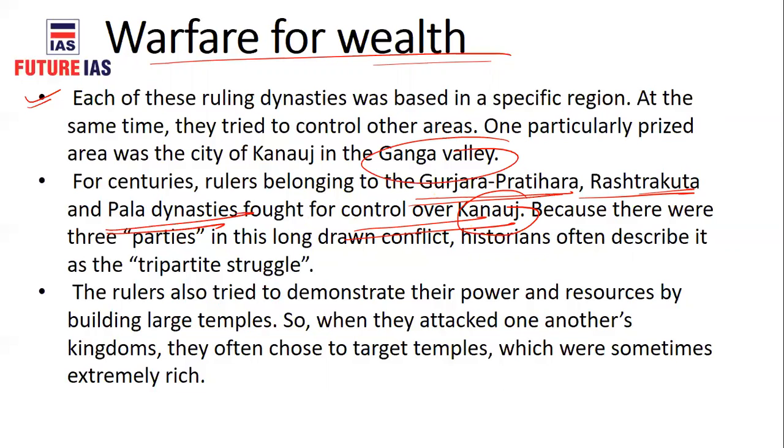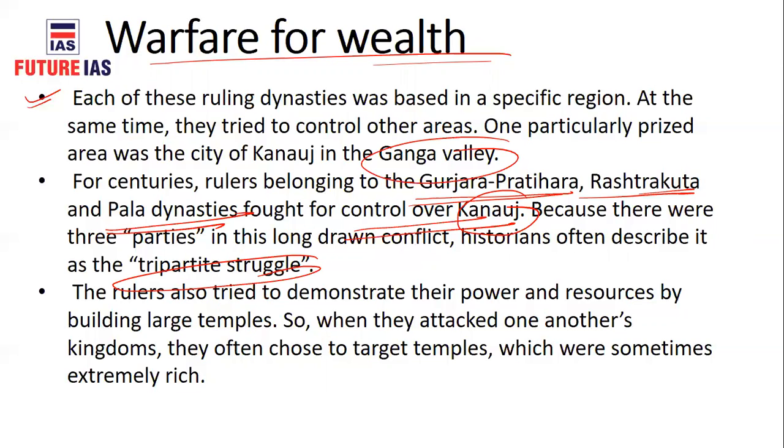Because there were three parties and long drawn conflicts, historians often described it as a tripartite struggle for controlling Kannauj in the Ganga Valley.